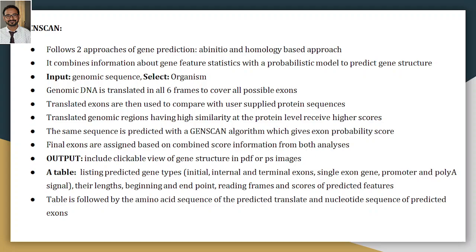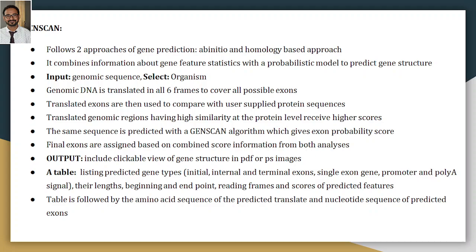Here again, the listing of predicted gene types will be there: initial, internal, terminal exons, single exon, gene, promoter. All these different columns will be there, with their information displayed: their lengths, beginning and end point, reading frame, and score of the predicted features. If you recall your detection of functional sites experiment in the bioinformatics lab, you will understand.